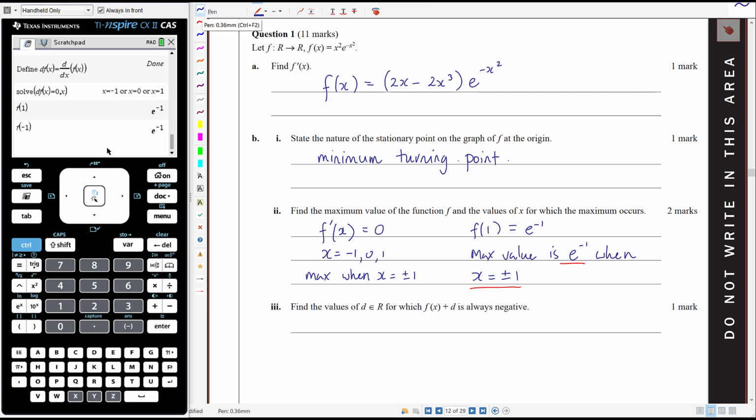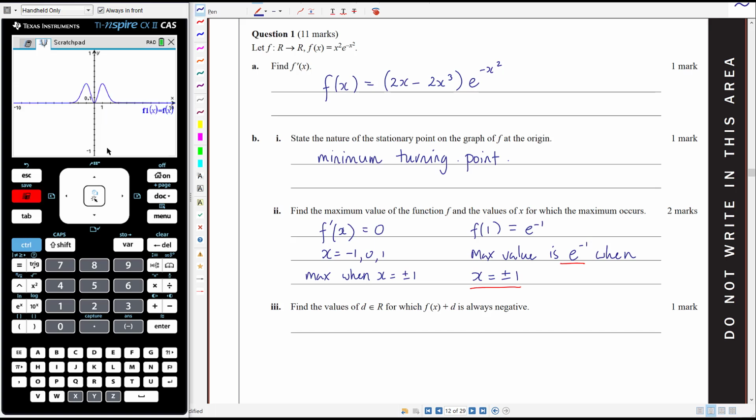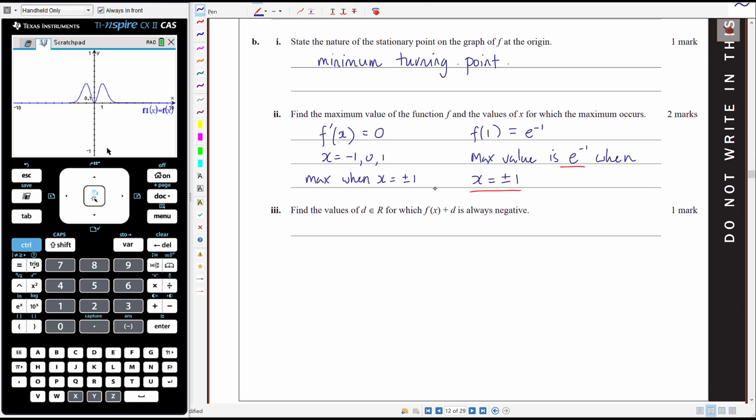Find the values of d, where d can be any real number, for which f of x plus d is always negative. Okay, so let's go back to our graph over here. If we want the whole function to be negative, we would need to translate it down so those maximum turning points are below the x-axis, not on the x-axis, because then the function could equal 0, it wouldn't be always negative. So we want those points to be below the x-axis.